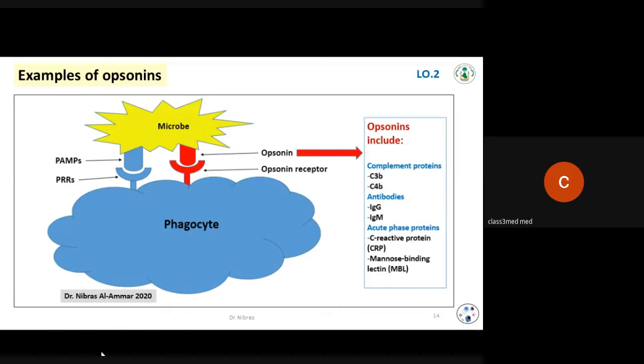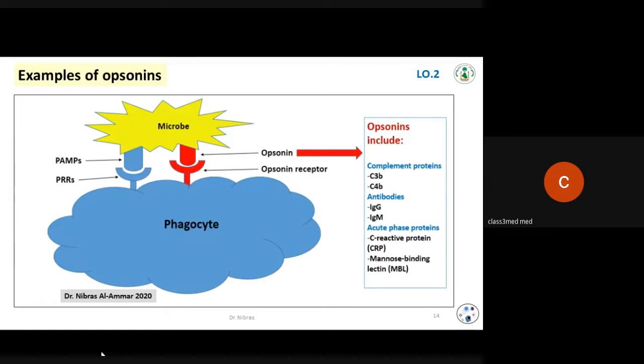Imagine it like this. When PAMPs bind with PRRs, on the other side the opsonins like complement, antibodies, or acute phase proteins bind on the pathogen because it will note that this is a foreign substance or pathogen.